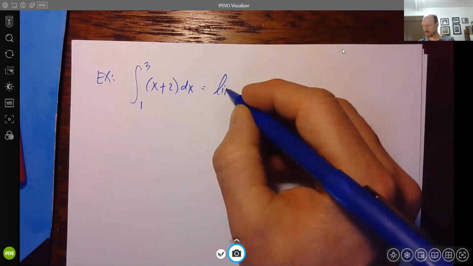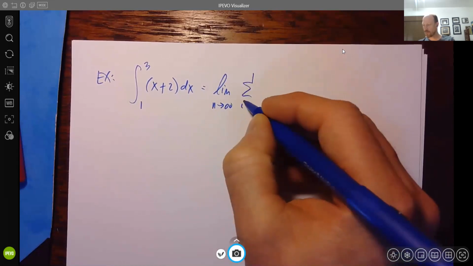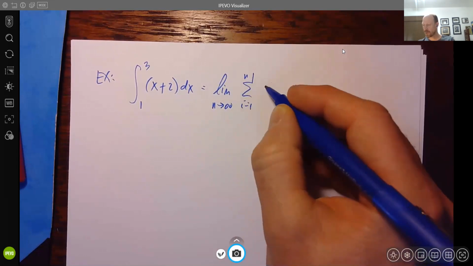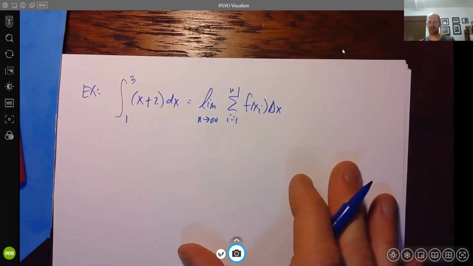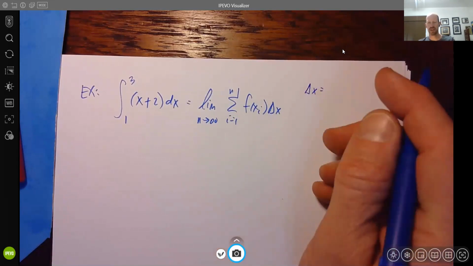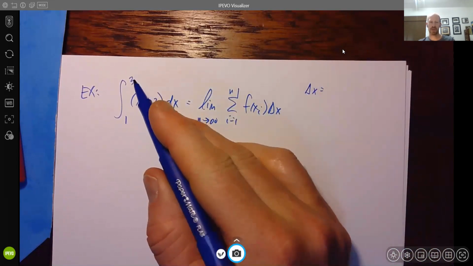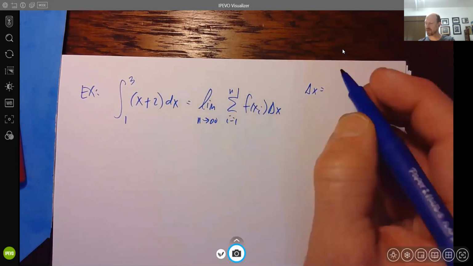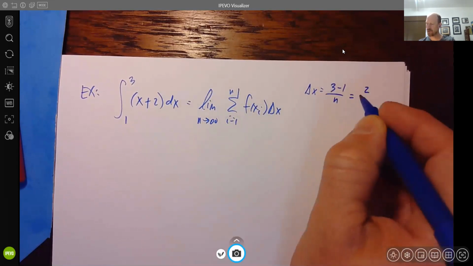So I'm going to take the limit as n goes to infinity of the sum from i equals 1 to n, f of x sub i times delta x. There it is again. And in order to use that definition, I need to figure out what delta x is. So I take b minus a, it's just the length of the interval, and divide it by n, that gives me 2 over n.